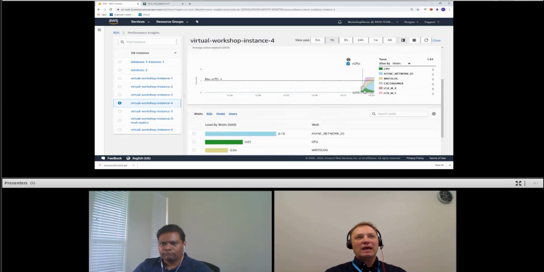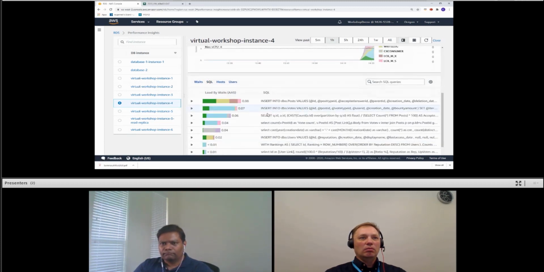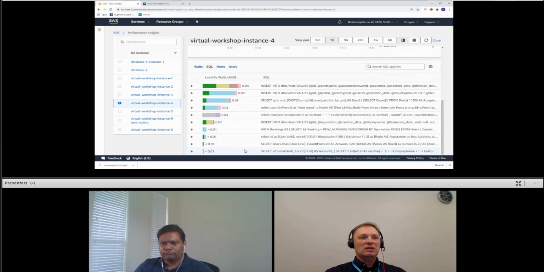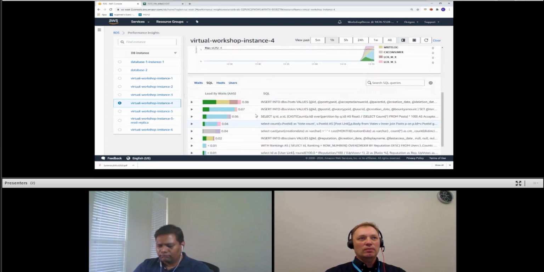And not only that, we can visualize and we can slice that average active session metrics by different weights. And by the way, you can see now our workload is going up, right? So it was a period of inactivity, and now we see the workload because we kicked off a bunch of those scripts. So, you can now slice that average active sessions by weight, by SQL. You can see which SQL contributes the most.